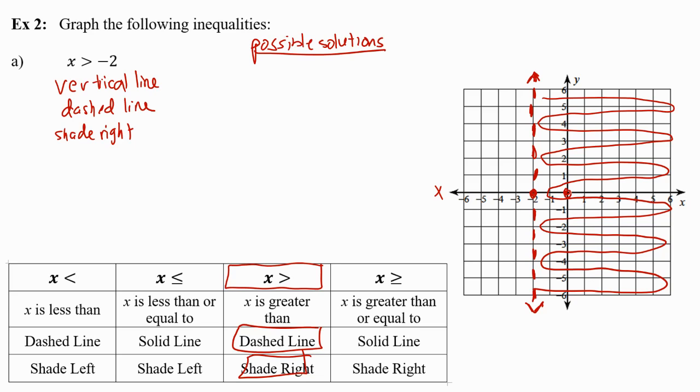Let's see. The origin would be 0, 0. 4, -3 would be a possible solution. 3, 6 would be a possible solution. Any point on the line would not be a solution because it's dashed, which means it's not included.